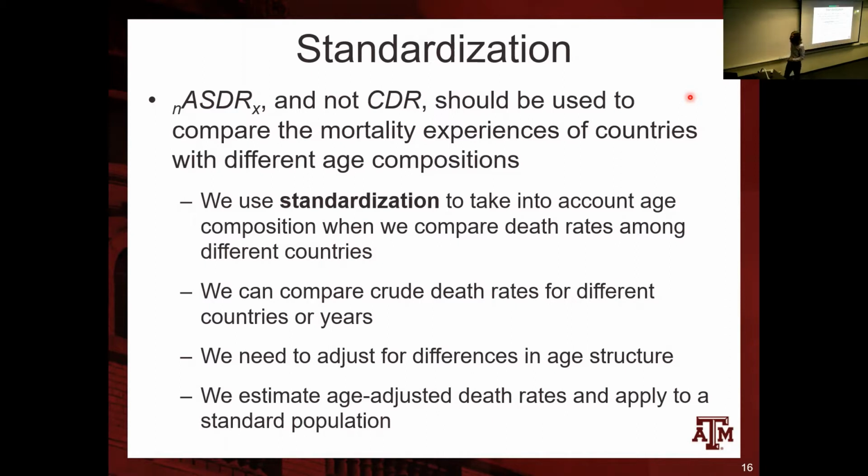We cannot compare crude death rates for different countries or years. So just a correction here. Before comparing death rates for different countries or years, we need to adjust for differences in age structure, right? So we estimate age-adjusted death rates, and we apply these age-adjusted death rates to a standard population. So that's the exercise of standardization.